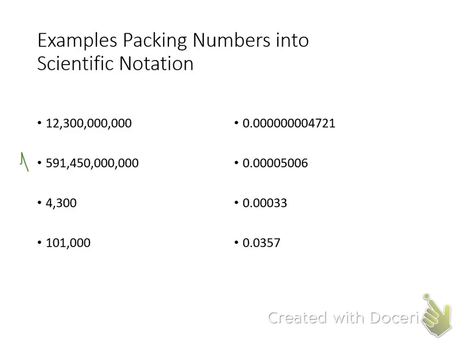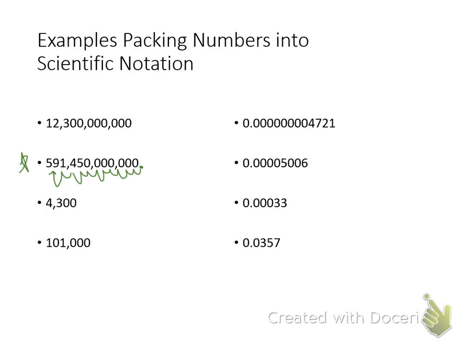this one right here. Where is the decimal there, you think? Kind of at the end? Yep, it's at the end there. All right, so let's move it over. 1, 2, 3, 4, 5, 6, 7, 8, 9, 10. I get 11. 11 places you need to move it over.